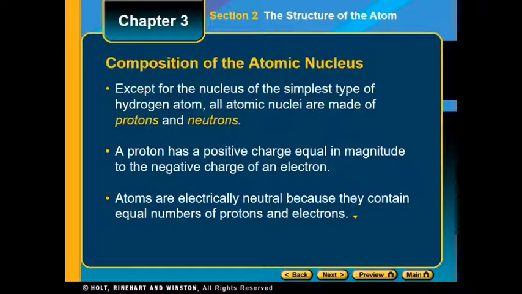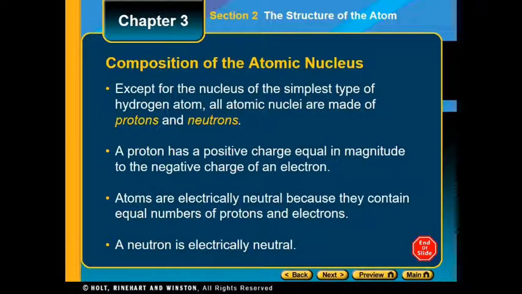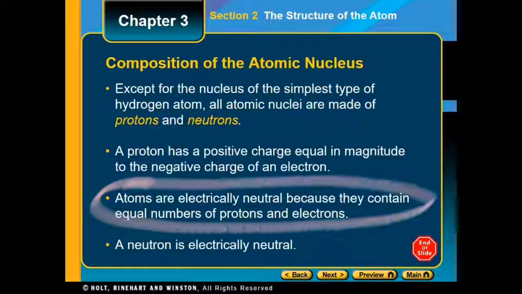And then atoms are going to be electrically neutral because they have an equal number of protons and electrons. You've got some extra notes to add here. Again, atoms are going to be electrically neutral because the charge of your protons and electrons will cancel each other out. On top of that, the neutron itself is electrically neutral.